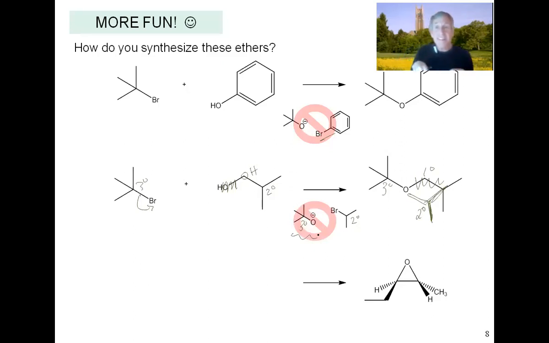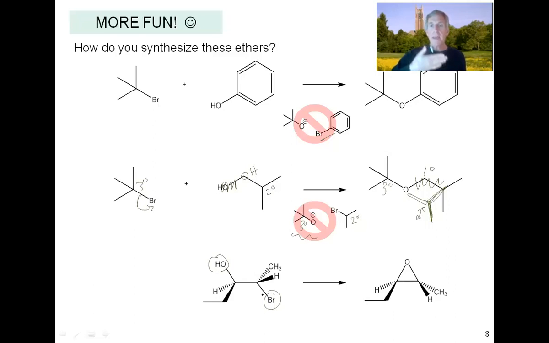How about this cyclic ether, this epoxide? That guy's really cool. How do you make that? Well, I highly recommend that you start by drawing your actual halohydrin with the OH and the leaving group in the plane of the paper.